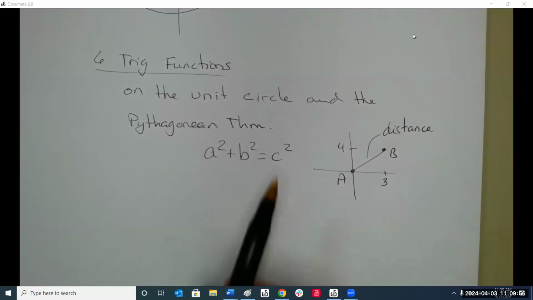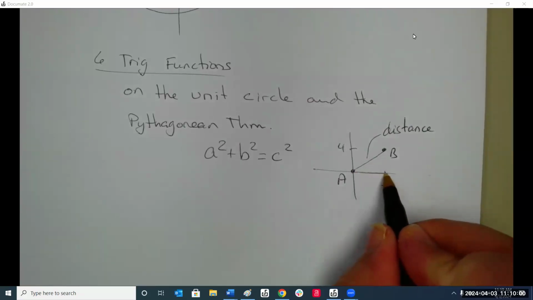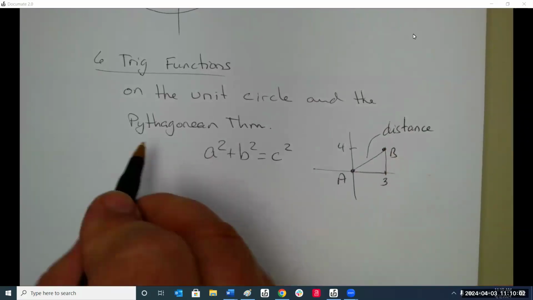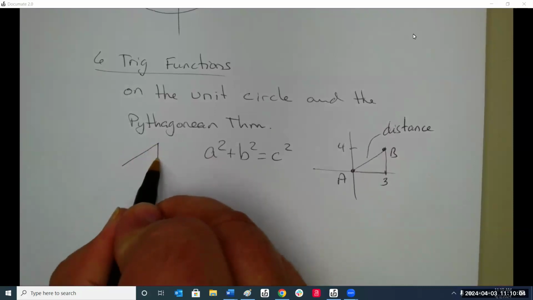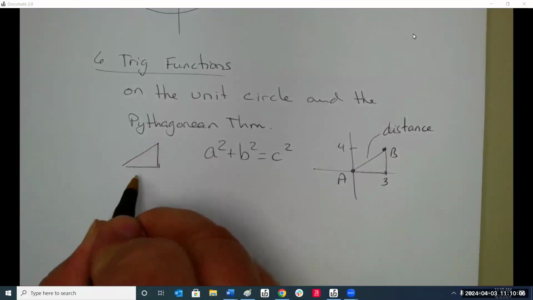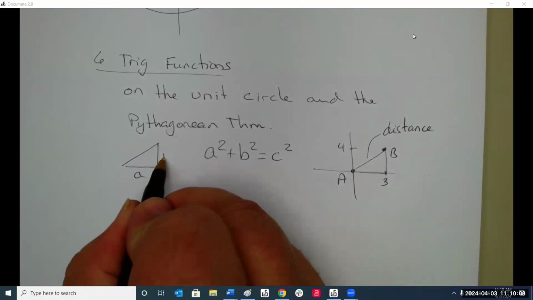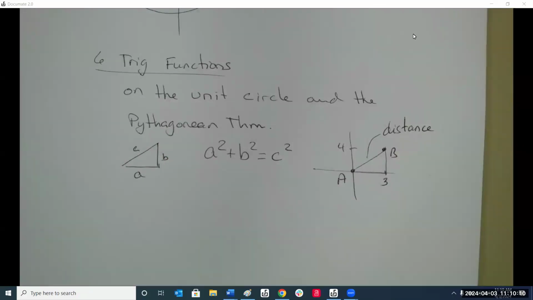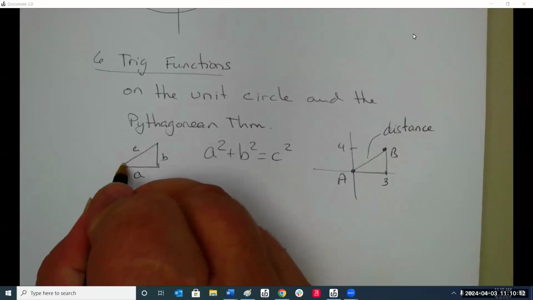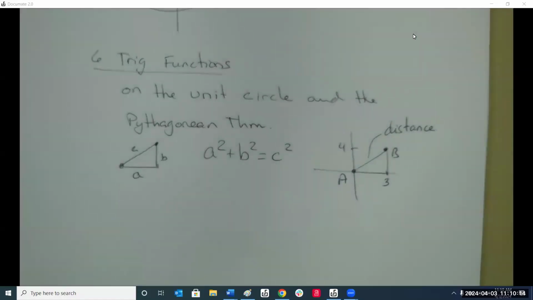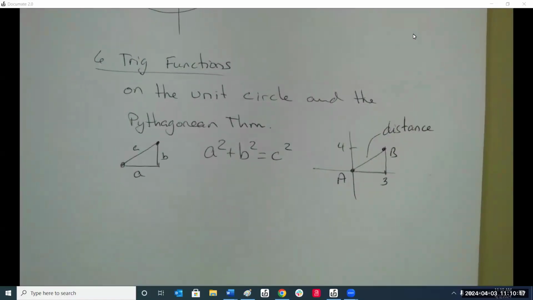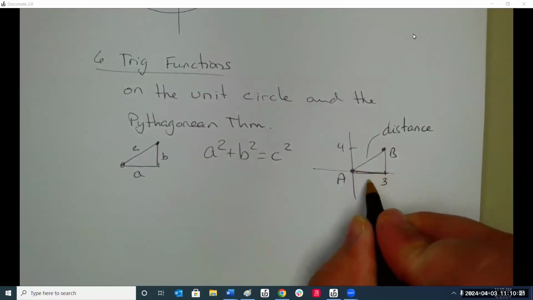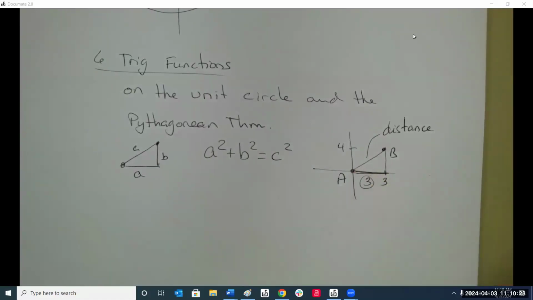Right. We can use the Pythagorean theorem to figure that out. Because horizontally and vertically, in the Pythagorean theorem, A is the base, B is the height, C is the hypotenuse, the distance from this point to that point. So A is the horizontal distance, that's 3 units.